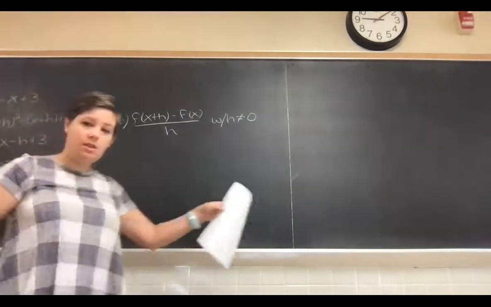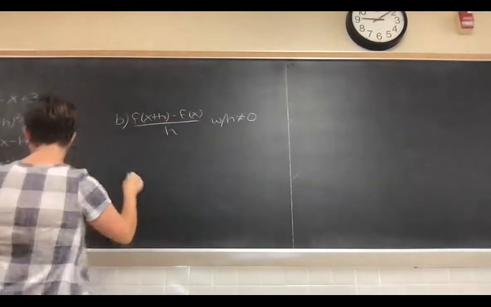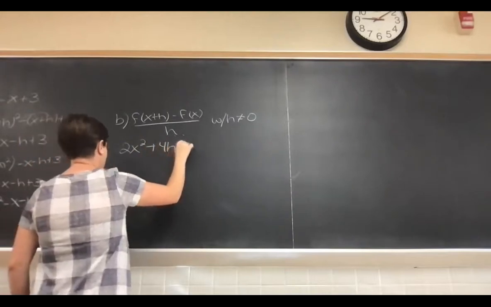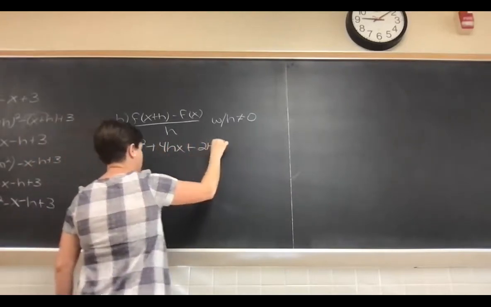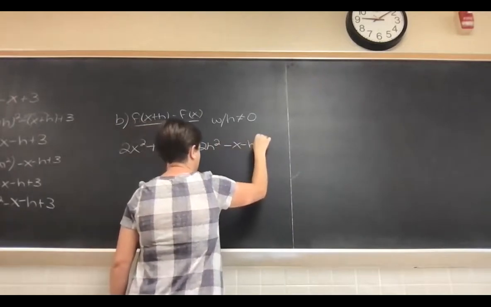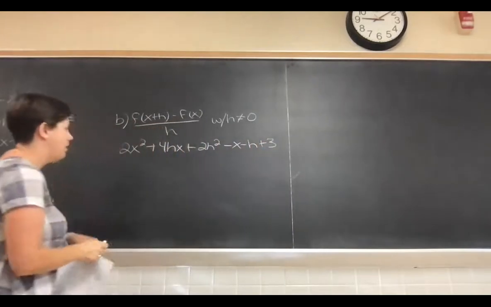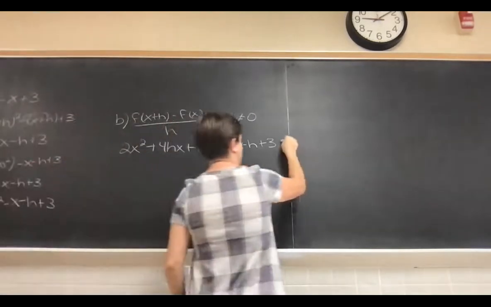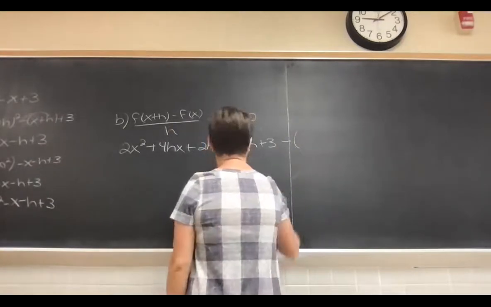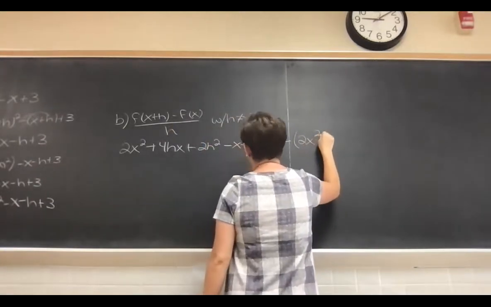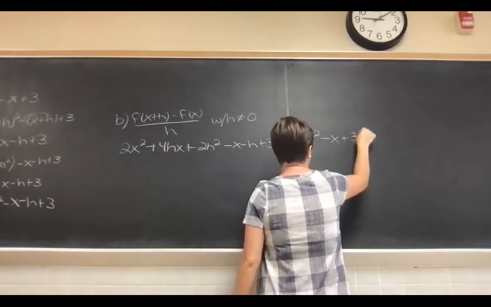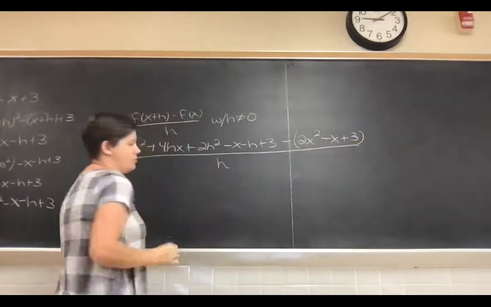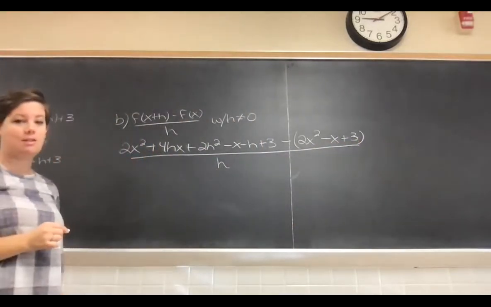So that big long thing we just had, I'm going to write in there: 2x squared plus 4hx plus 2h squared minus x minus h plus 3, because all of that is my f of x plus h, minus, and then in parentheses, I'm going to write my original equation, which was 2x squared minus x plus 3. And all of that is over h, with the understanding that h is not going to be 0.